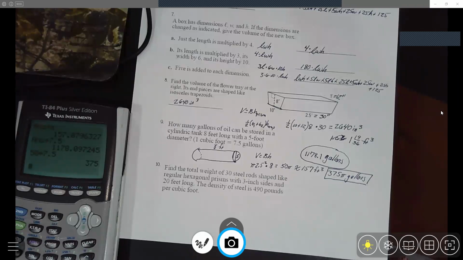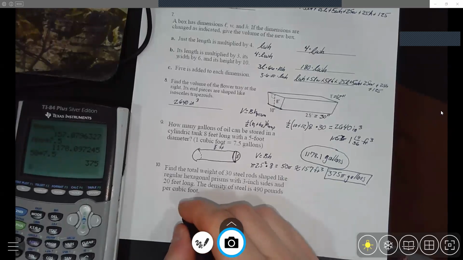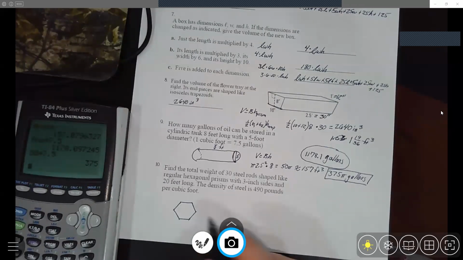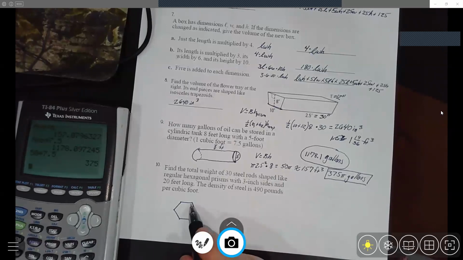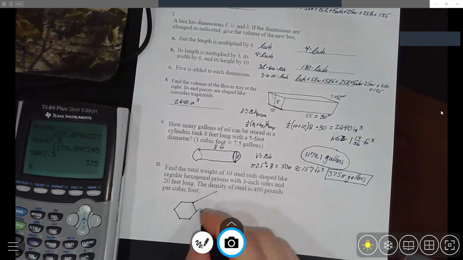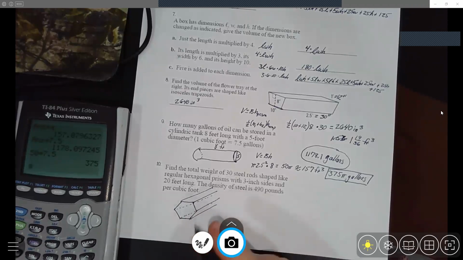So let's look at one steel rod. The shape of the rod is a regular hexagonal prism. And I stink at this, but the idea here is, if your rod extends, right?